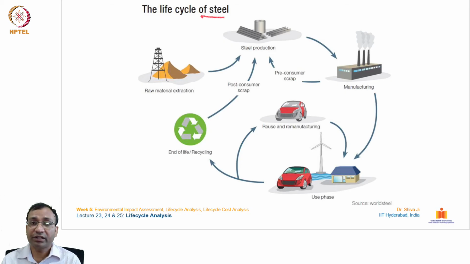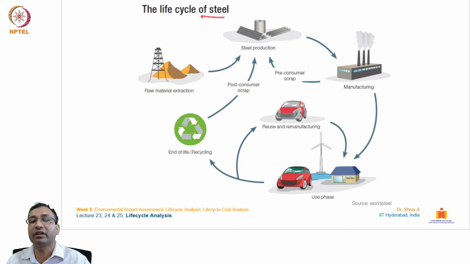From there they take out the metal from the ore, and send it for fabrication and manufacturing, depending upon the requirement of tools, equipment, and whatever we need. Then it goes for various uses.